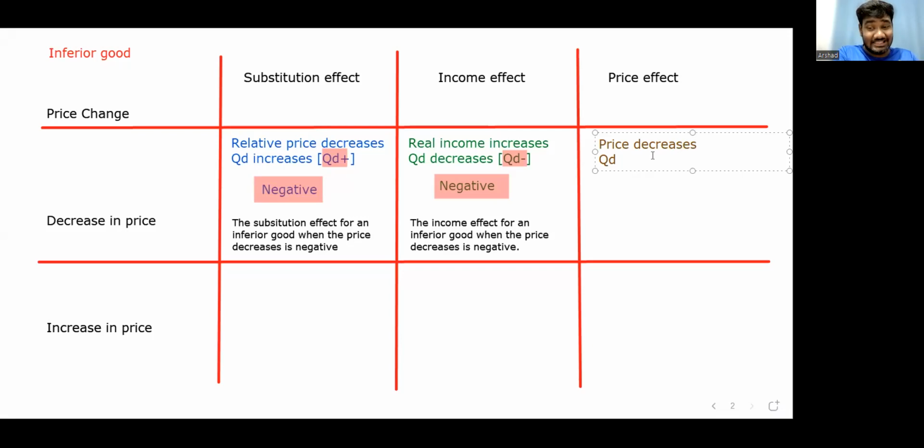When the price decreases, QD, does it decrease? According to the income effect, it says decrease. Substitution effect says it's increasing. So price effect is the combination of both. What should happen? According to the price effect, guys, when the price decreases, quantity demanded increases. Why?